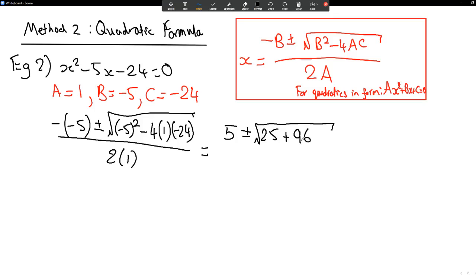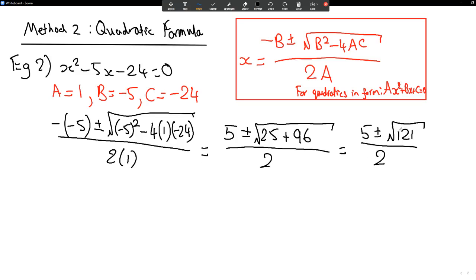And obviously we're dividing by 2. Now 25 plus 96 is 121, like that, over 2. Okay, so now we've tidied it up.